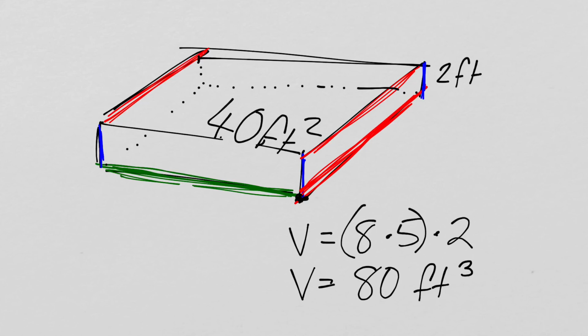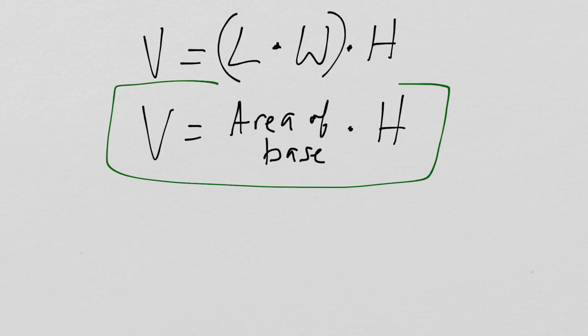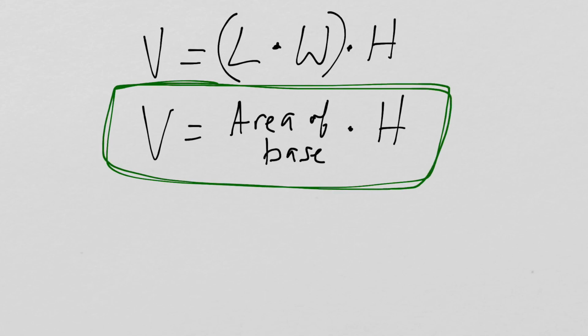It's really, they did the length times the width for you, and you just have to multiply it by the height. Now that formula is actually a better formula. And the reason why I say this formula is the best formula is because this formula will work for other prisms as well.